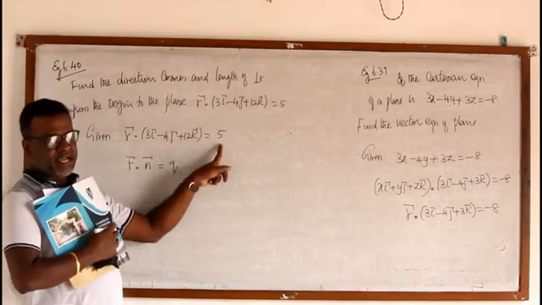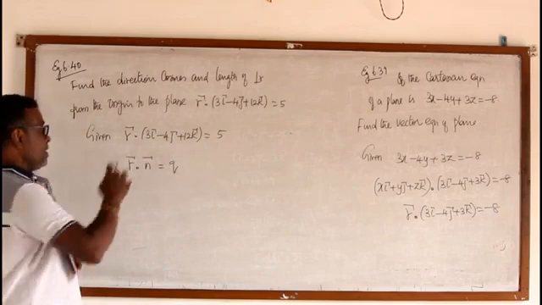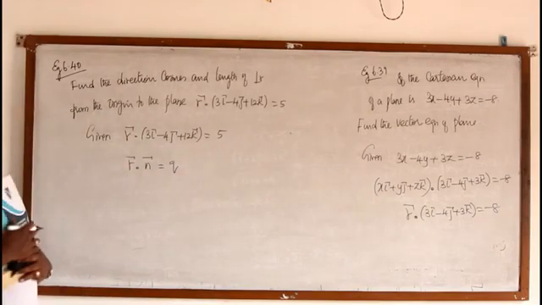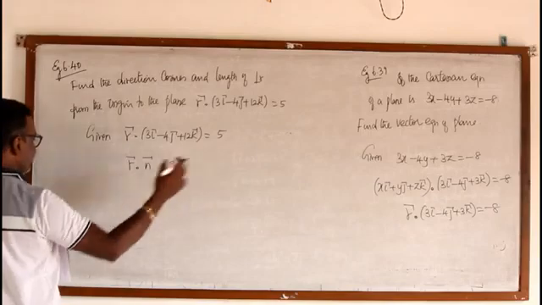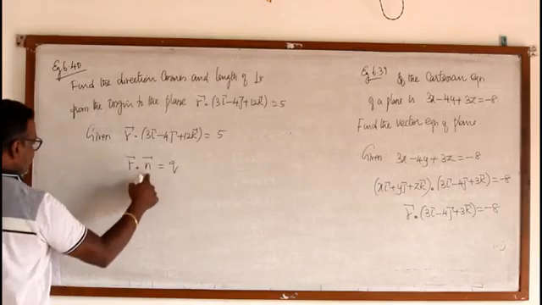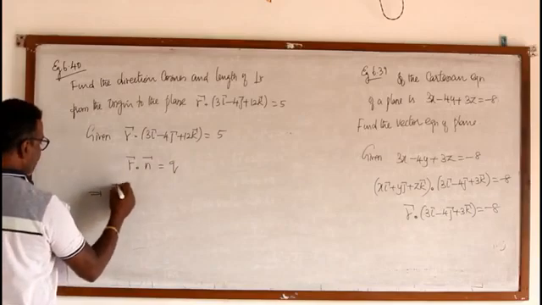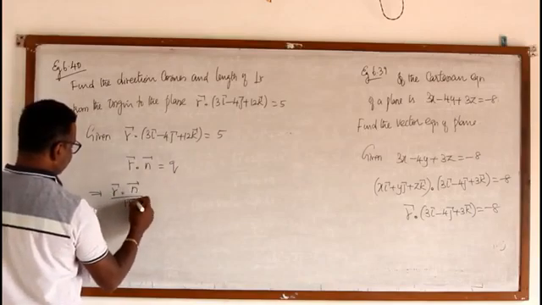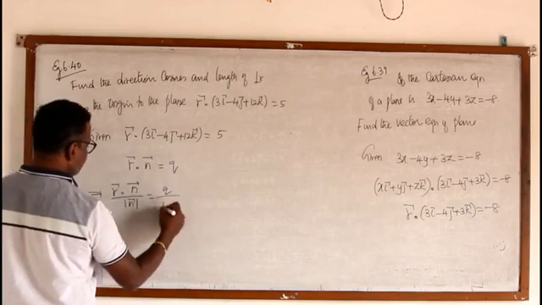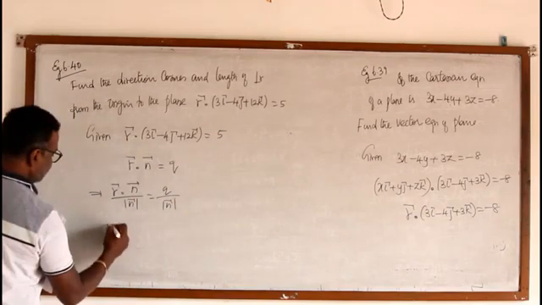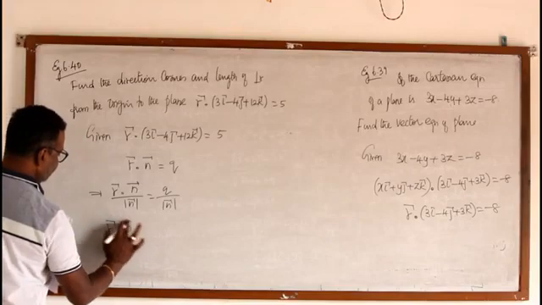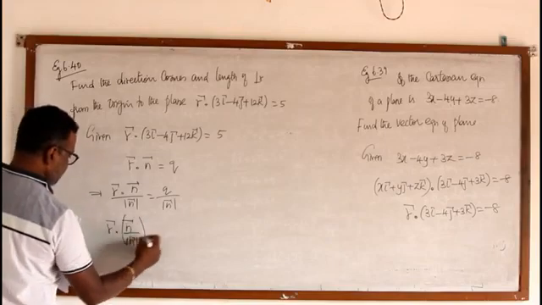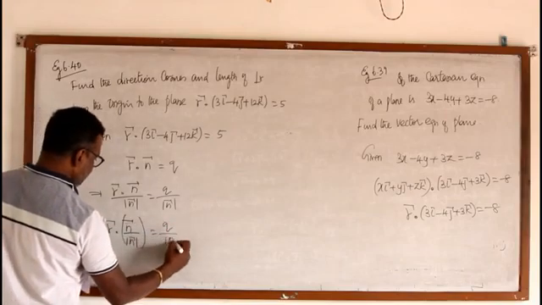So q is not the perpendicular distance. If that number must be a perpendicular distance, then this must be a unit vector, isn't it? So let me divide by the modulus of n vector. That is, r dot n vector by modulus of n vector equal to q by modulus of n vector.